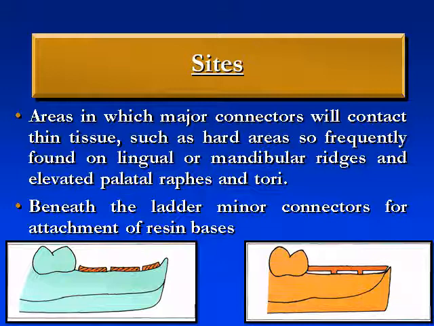If this area is contacted directly by the metal framework, there will be damage, so this area is relieved in the relief procedure. Also, again, beneath the ladder minor connectors. Why? For the creation of a space for the attachment of the acrylic resin for the packing procedure.